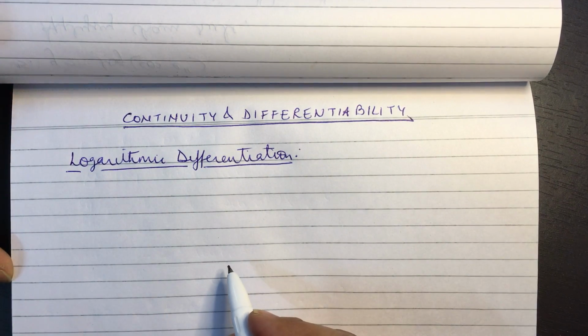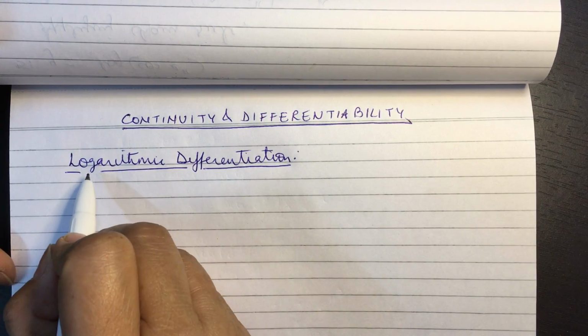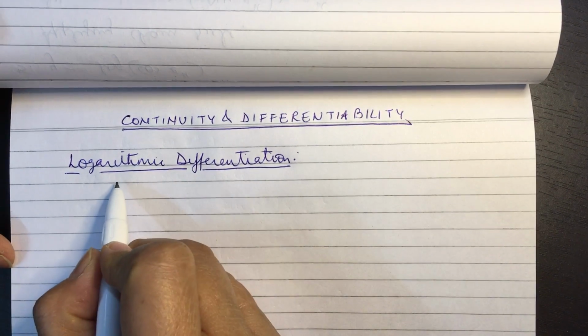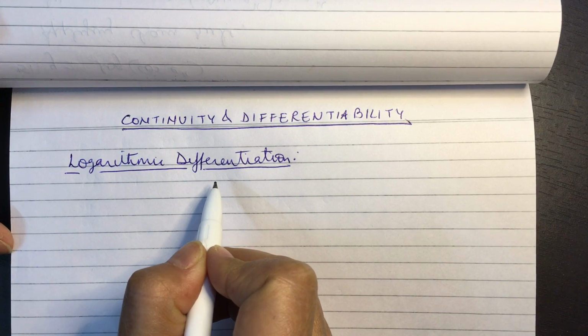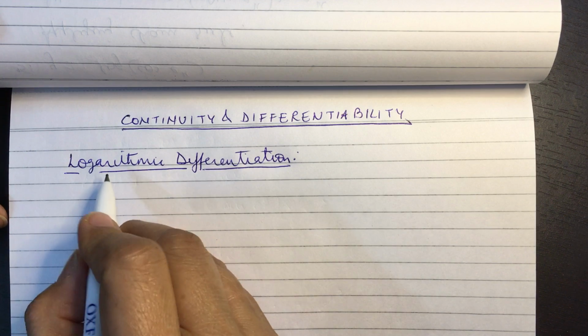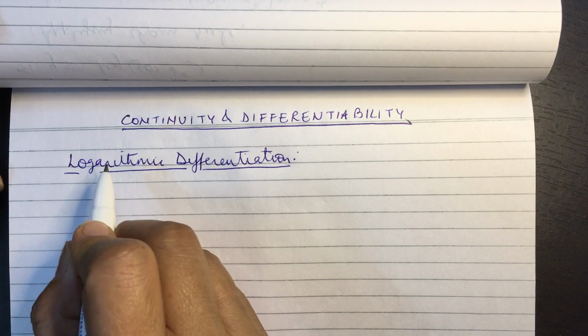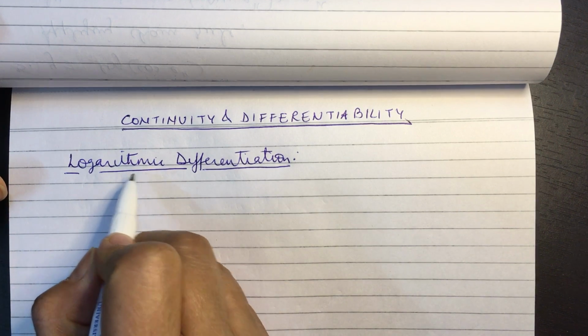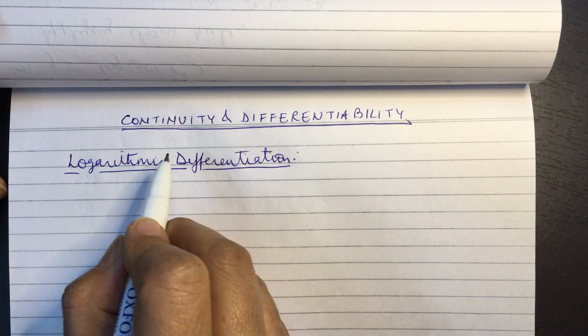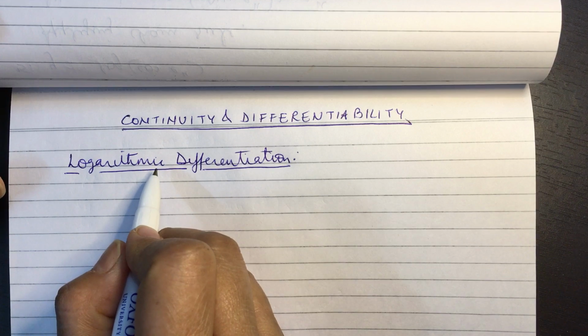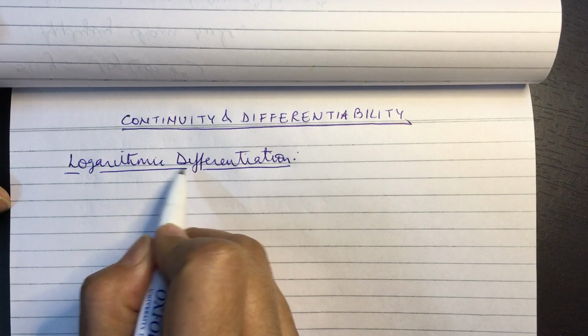Good morning. Today we are going to start with another concept called logarithmic differentiation. As you would have seen in the previous video, we discussed the derivative of the logarithmic function. These two are entirely different things.